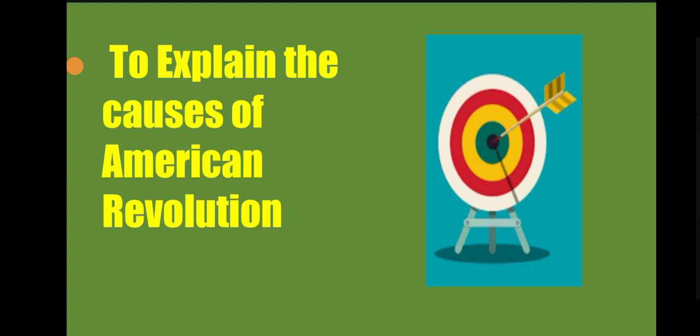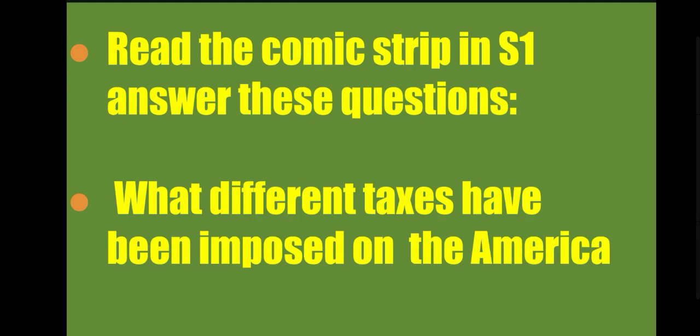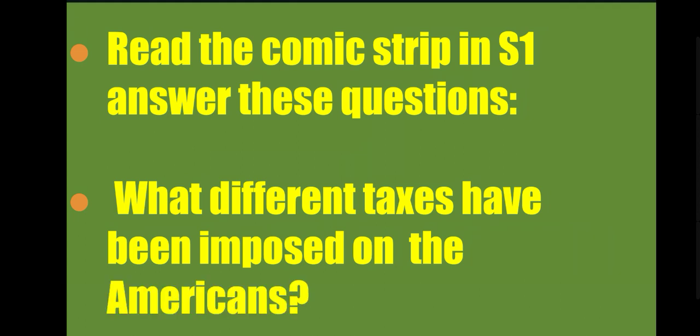Now for that, you need to read the comic strip that is given in your worksheet in S1. So, open your worksheet, read the comic strip, and answer these questions. After reading it, you need to tell what different taxes have been imposed on the Americans.